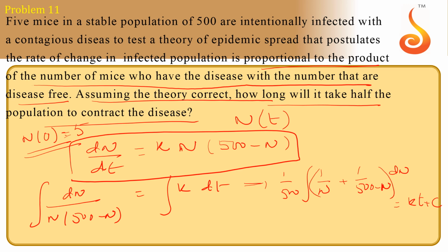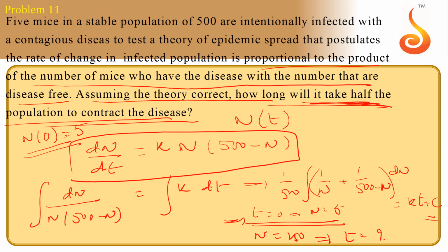So simplify this further, and for t equal to 0, what is the n value? You have to substitute 5, so that you will get the c value. After that, substituting c, you put n equal to 250 and get the value of t, because they are asking what is the value of t to take half the population.